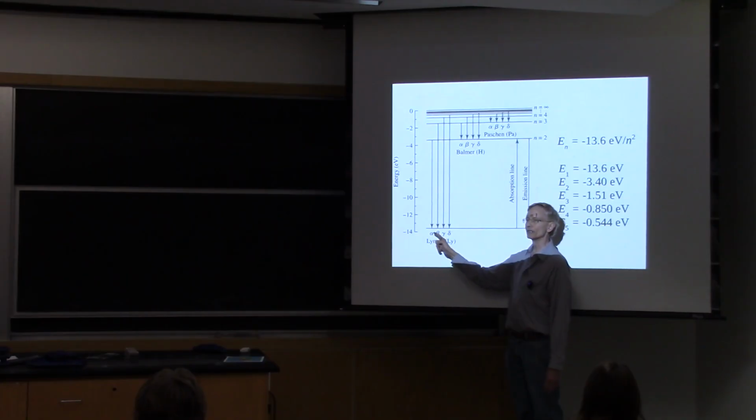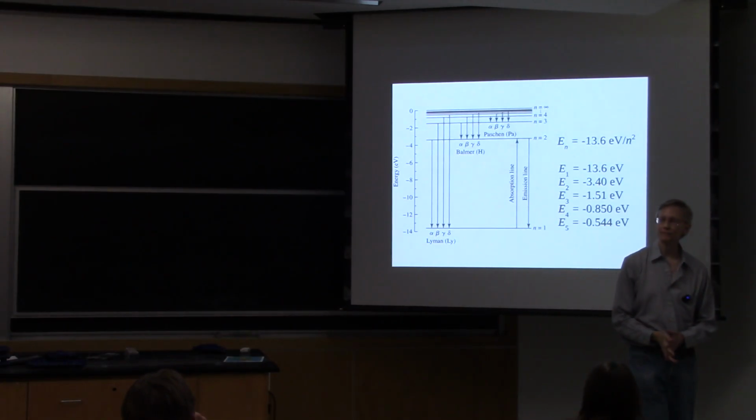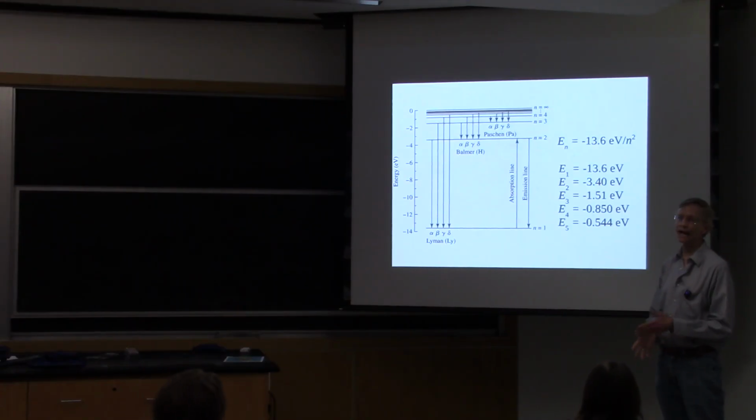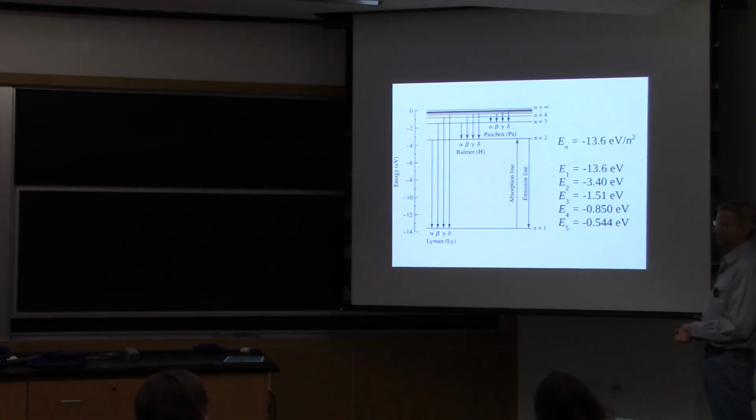Lyman alpha, does it have the longest or the shortest wavelength of the Lyman series? It's the lowest energy, so does it have the longest wavelength or the shortest wavelength? The longest wavelength of the entire series is alpha, and then the second longest is beta, third longest is gamma, and so on and so forth.